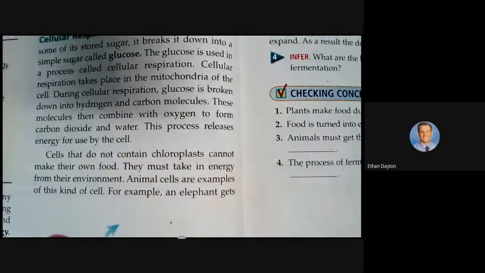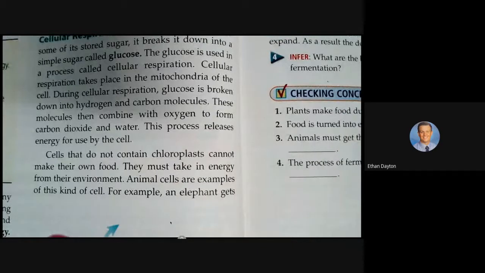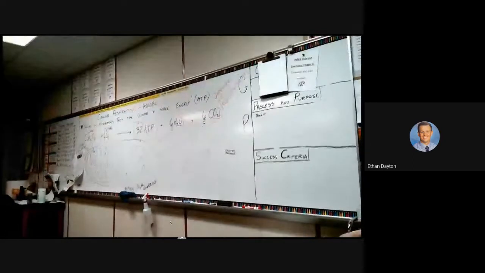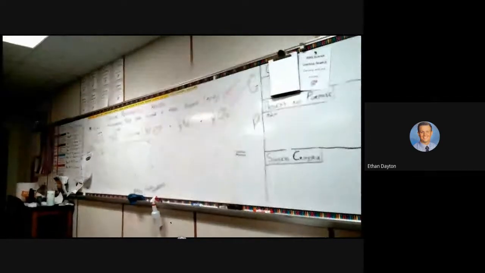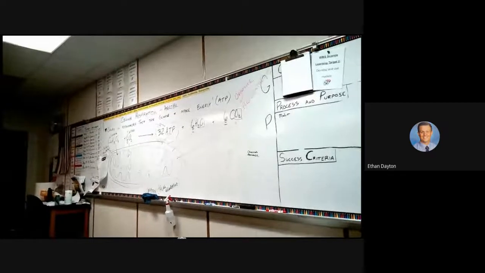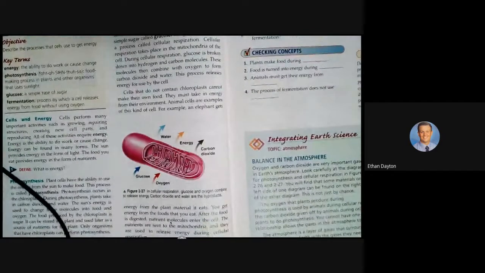This process releases energy for use by the cell. So right here, all that equation is on the board, right? Breaking down the glucose over there. Glucose on the left side plus oxygen yields over here 32 ATP. That's the energy. And then we have water and carbon dioxide as byproducts. Questions on that?